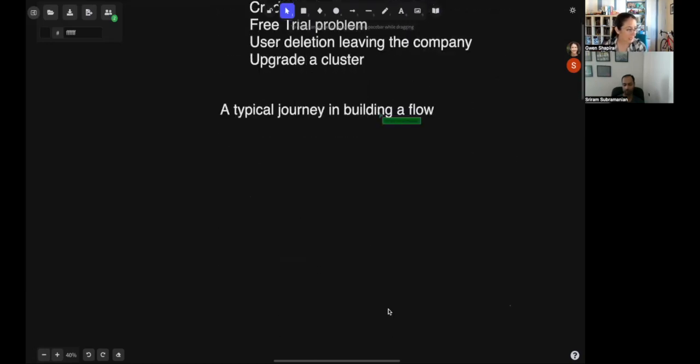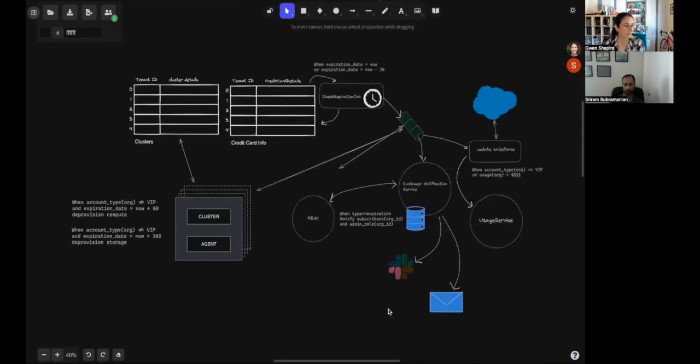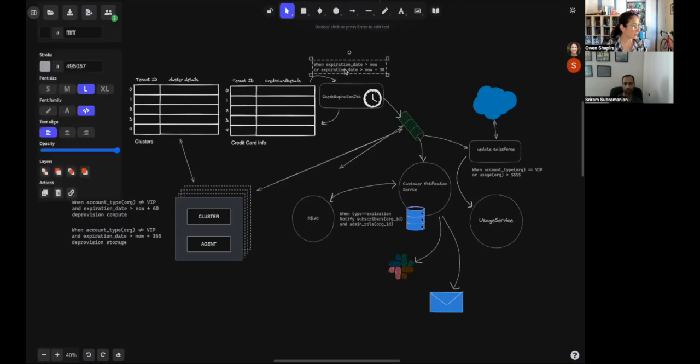So let's take a look here. I may need to zoom in on specific parts, but the flow starts right over here, where we have a timed job.